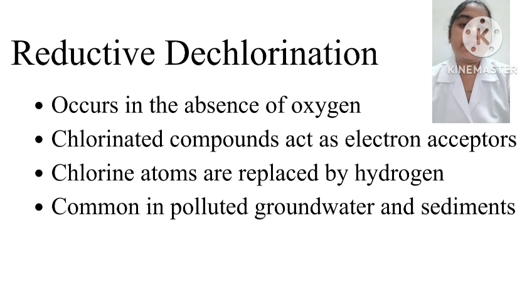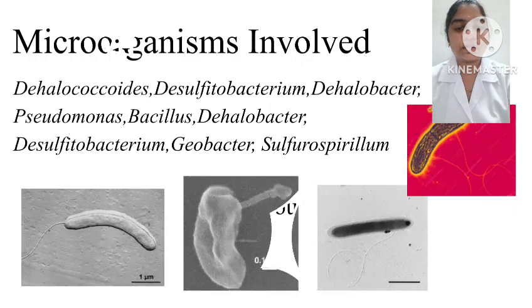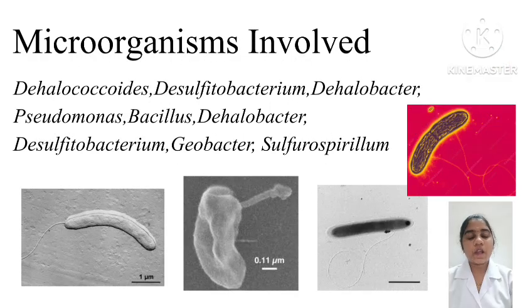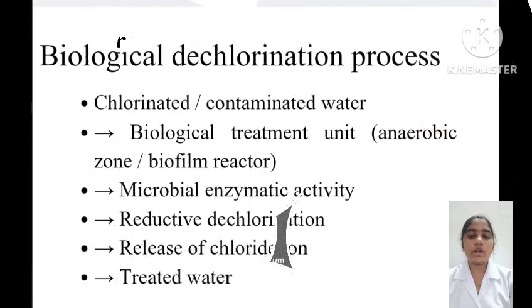The mechanism of reductive dechlorination: under anaerobic conditions, some bacteria use the chlorinated compound as an electron acceptor. The chlorine atom is removed and replaced by hydrogen. Role of microorganisms: microorganisms attached to the polluted water or biofilm produce special enzymes that break the carbon to chlorine bonds and release the chloride ion into water.